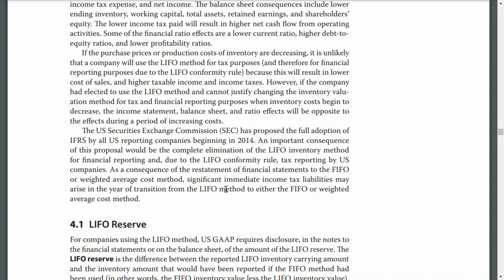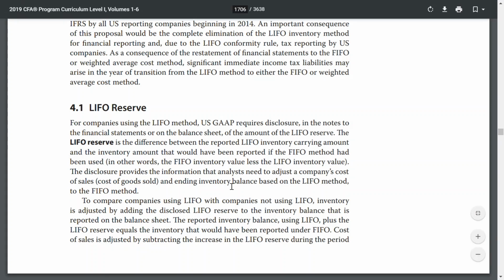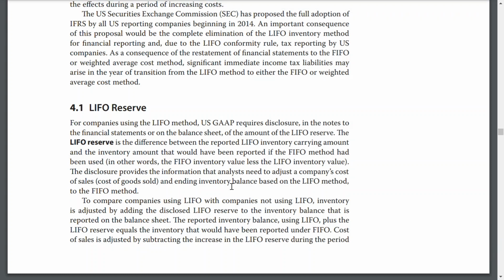The LIFO reserve. For companies using the LIFO method, U.S. GAAP requires disclosure in a note to the financial statements or on the balance sheet of the amount of the LIFO reserve. The LIFO reserve is the difference between the reported LIFO inventory carrying amount and the FIFO amount, had the FIFO method been used.